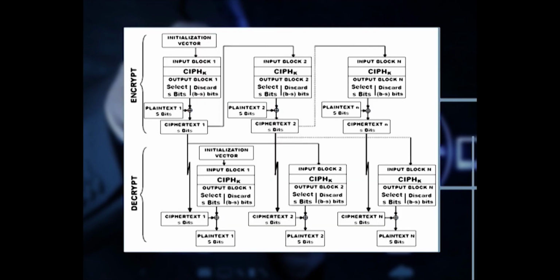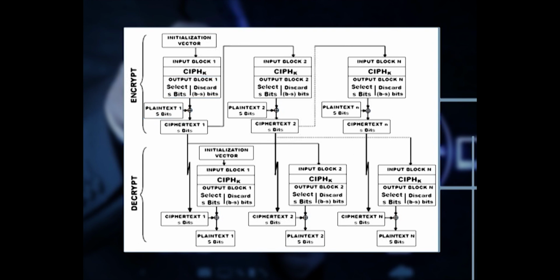In CFB encryption, the first input block is the initialization vector and the forward cipher operation is applied to the initialization vector to produce the first output block. The first ciphertext segment is produced by exclusive ORing the first plaintext segment with the S most significant bits of the first output block.